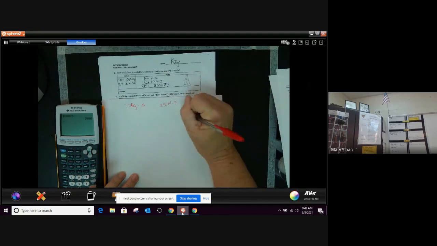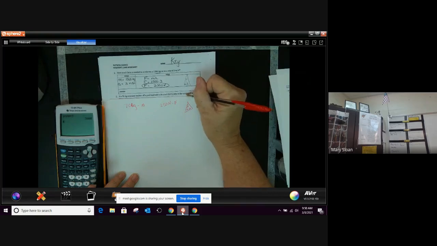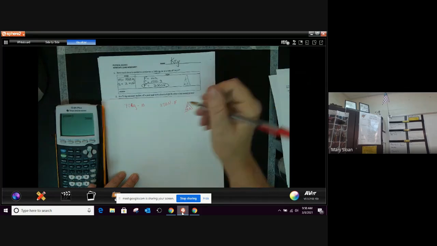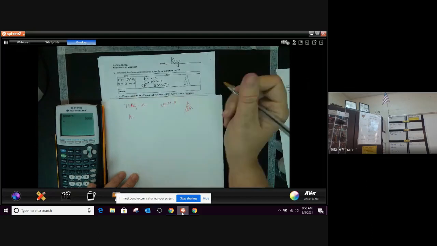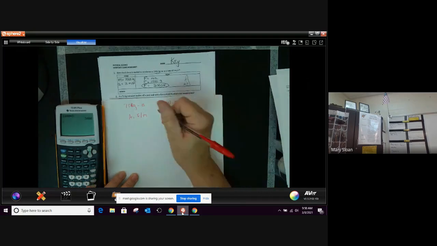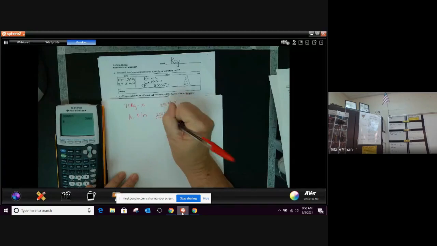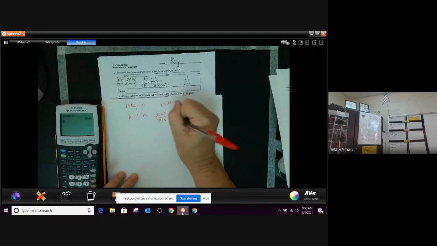So if I do my triangle, force, mass, and acceleration, it's asking us for the acceleration, right? So A equals F divided by M, correct, guys? So that is 250 newtons divided by 70 kilograms.